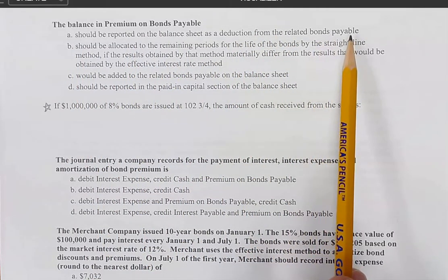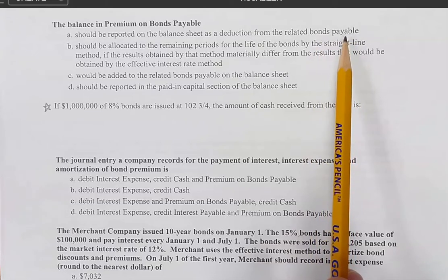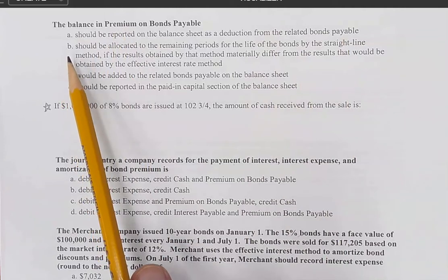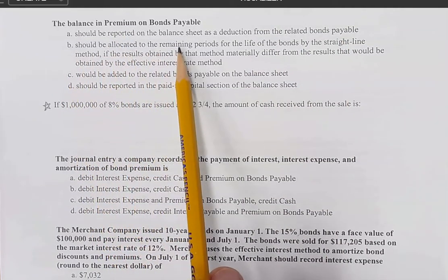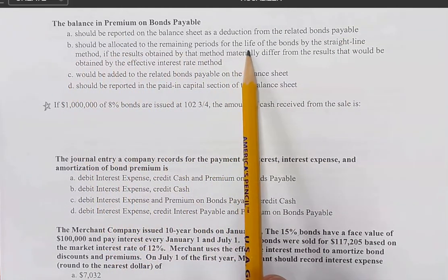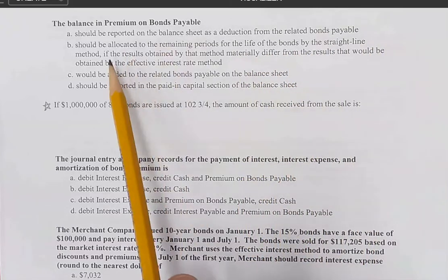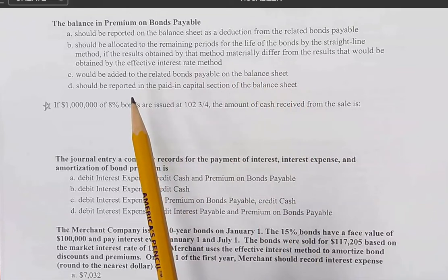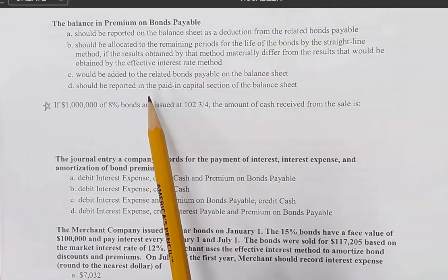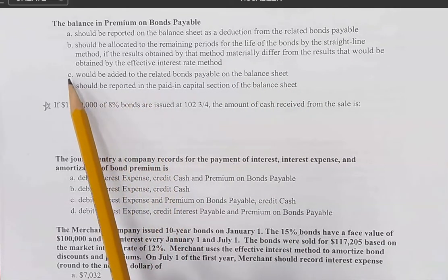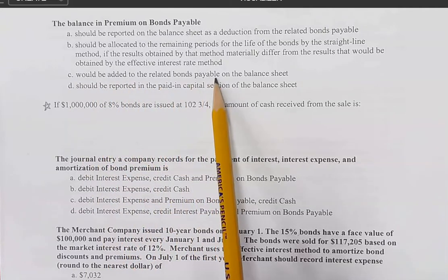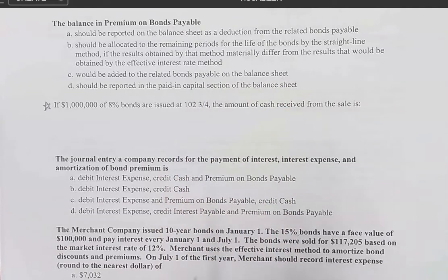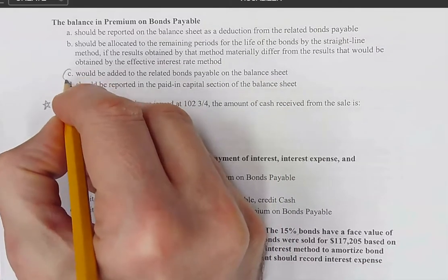No. That's what we would do for a discount on bonds payable, but they're asking about a premium on bonds payable, so that's wrong. B, should be allocated to the remaining periods for the life of the bonds by the straight line method if the results obtained are not materially different. Well, I don't even teach the straight line method. That's going to be a wrong answer. C, would be added to the related bonds payable on the balance sheet. Well, we just had an example of that very thing, didn't we? We did. This is the answer.